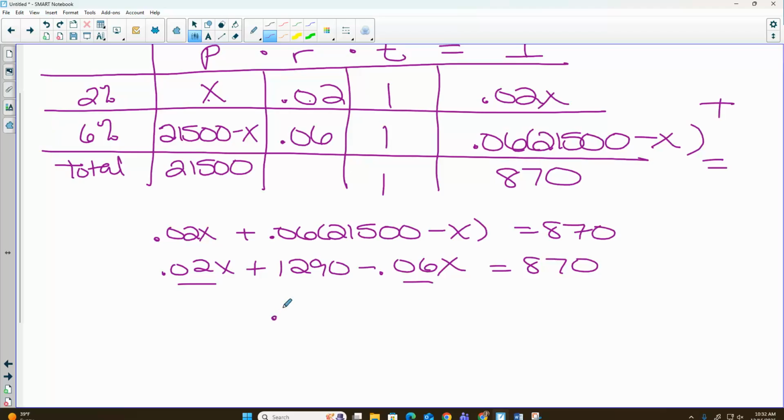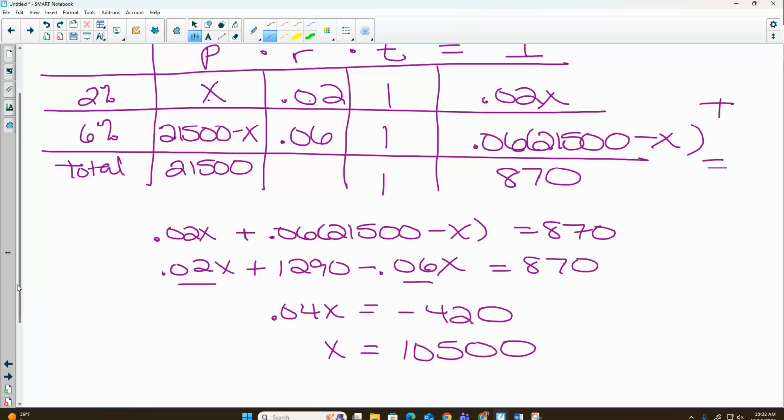Combine the like terms. Subtract over the 1290. Divide by 0.04. So it's 10,500.